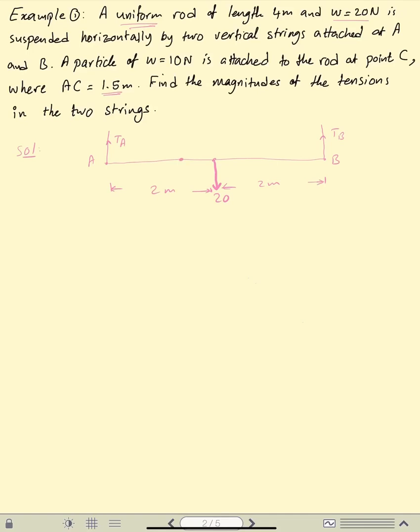We have weight here of 10 newtons, and it is 1.5 meters apart from A. So this is AC. The distance between A and C is 1.5 meters. The question wants the magnitudes of the tensions in the strings.